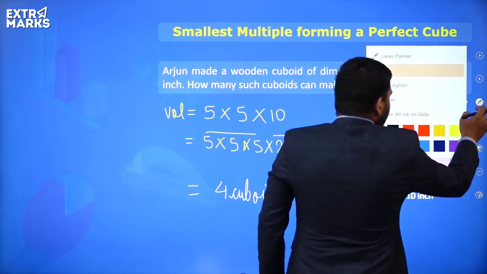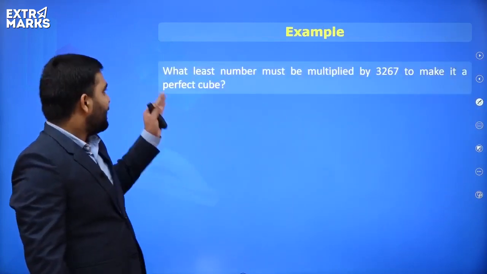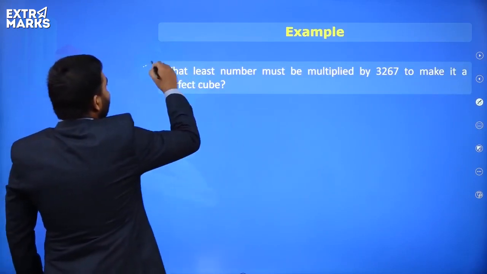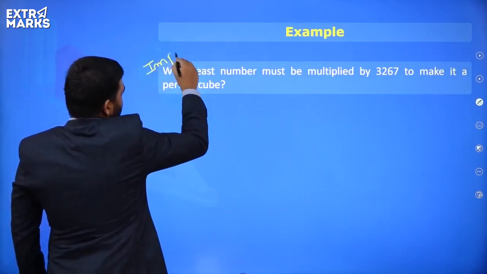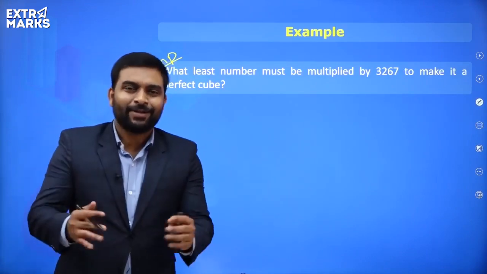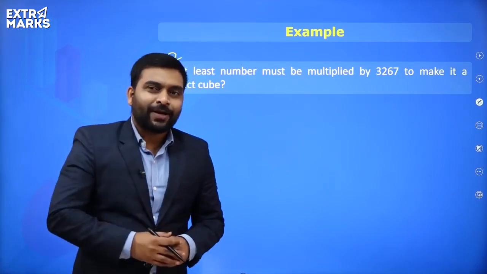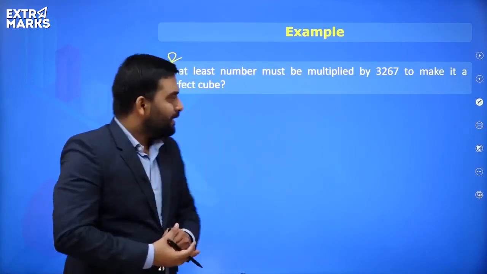Now everyone, let's go ahead and understand one very important thing. Kind of question you might expect in the school examination. And I just discussed about this question in the previous question only. So everyone, think and tell me, can you all solve this question? Can everybody solve this question? You'll say, yes, sir.